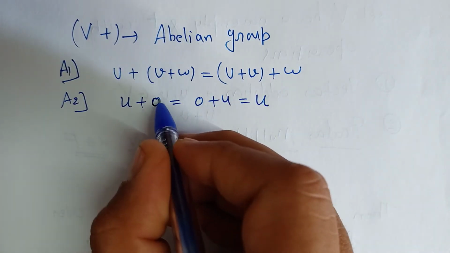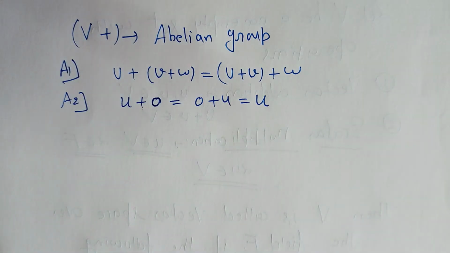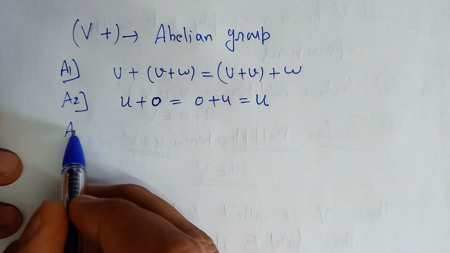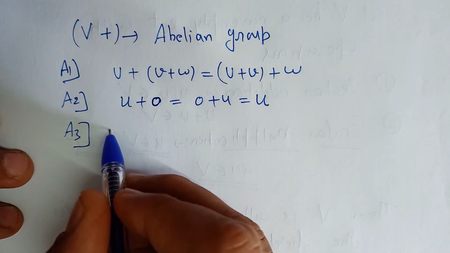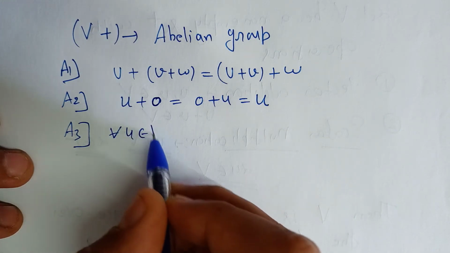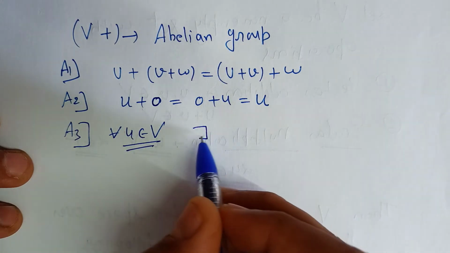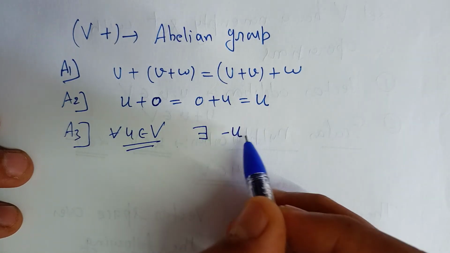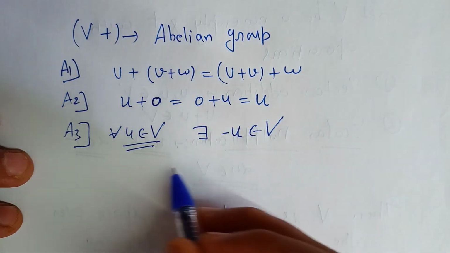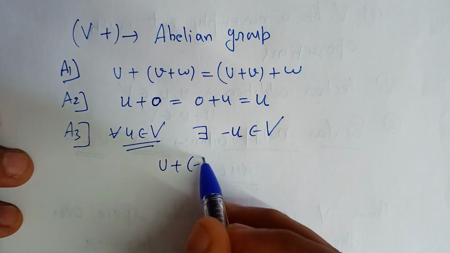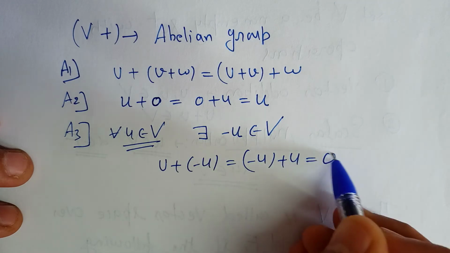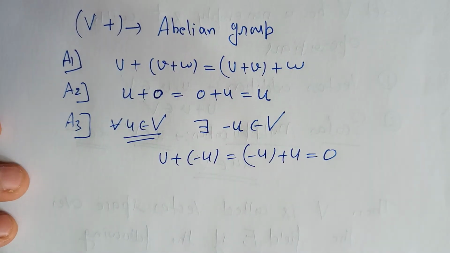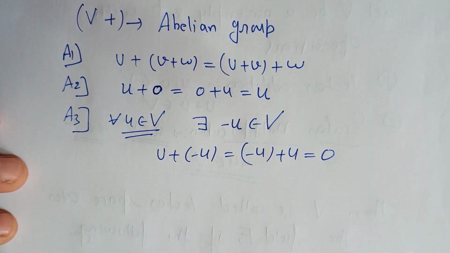There exists a 0, the identity. And A3, existence of inverse. It means for each element u belonging to the vector space, there exists an inverse minus u belonging to V, such that u + (−u) equal to (−u) + u equal to 0. So this is the existence of the inverse.